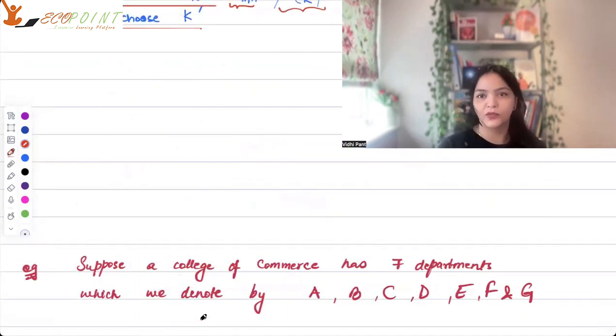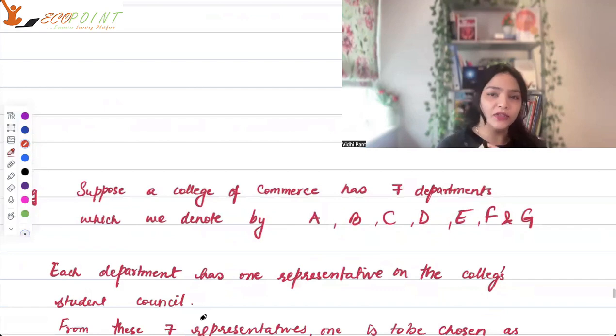Now let's understand these two scenarios with an example. Suppose a college of commerce has 7 departments, which we denote by A, B, C, D, E, F and G. Okay, these are the 7 departments. Now suppose each department has one representative on the college student council.